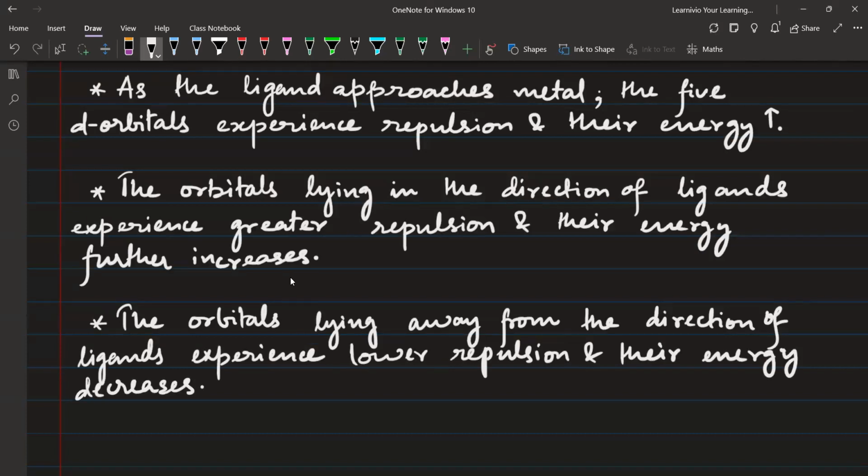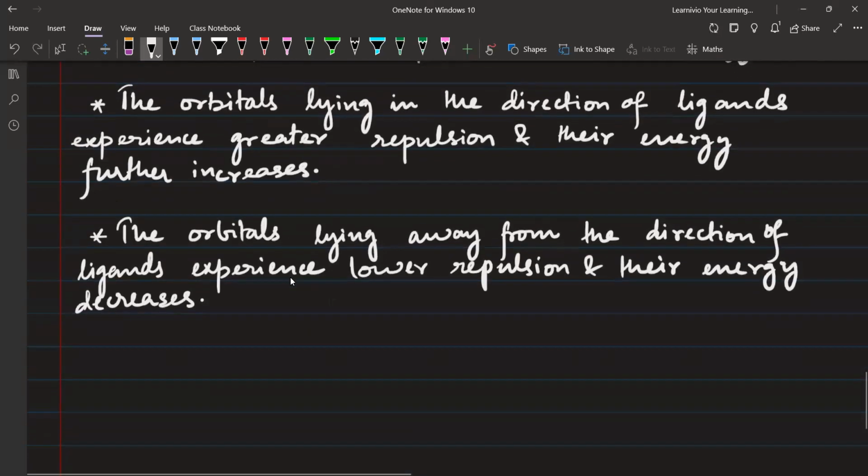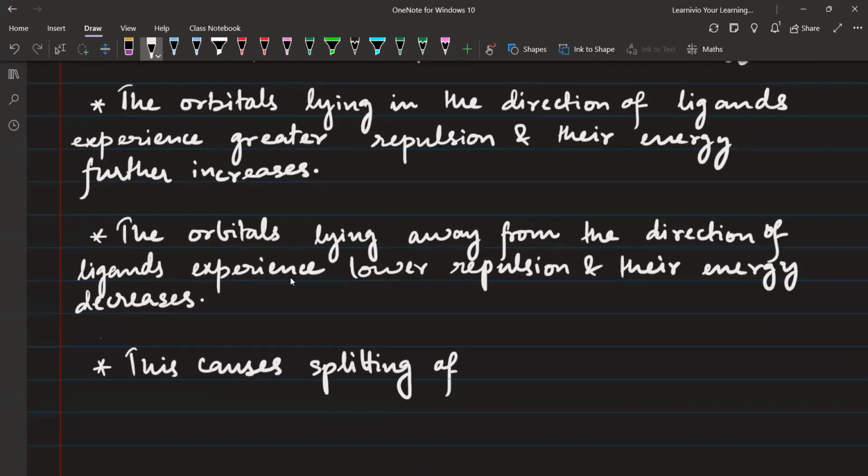Some of the d orbitals have increased energy, some of the d orbitals may have decreased energy. That is why this causes splitting of d orbitals.